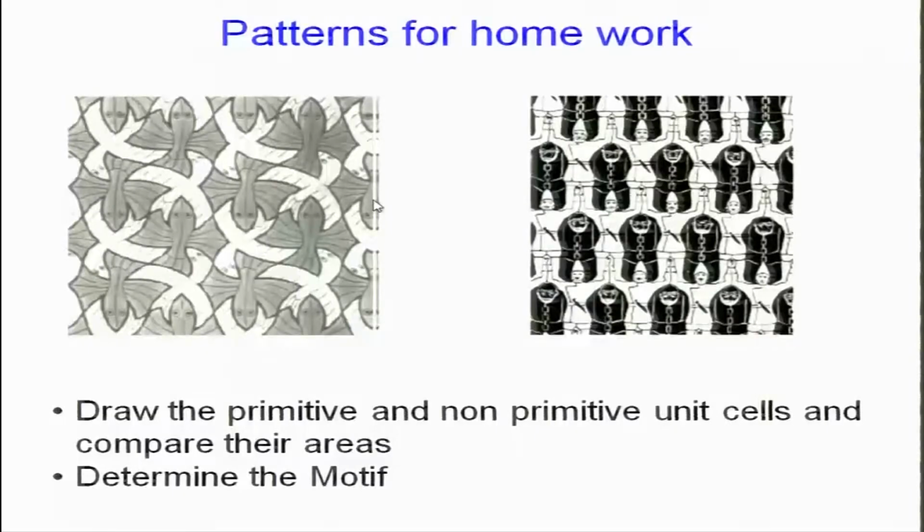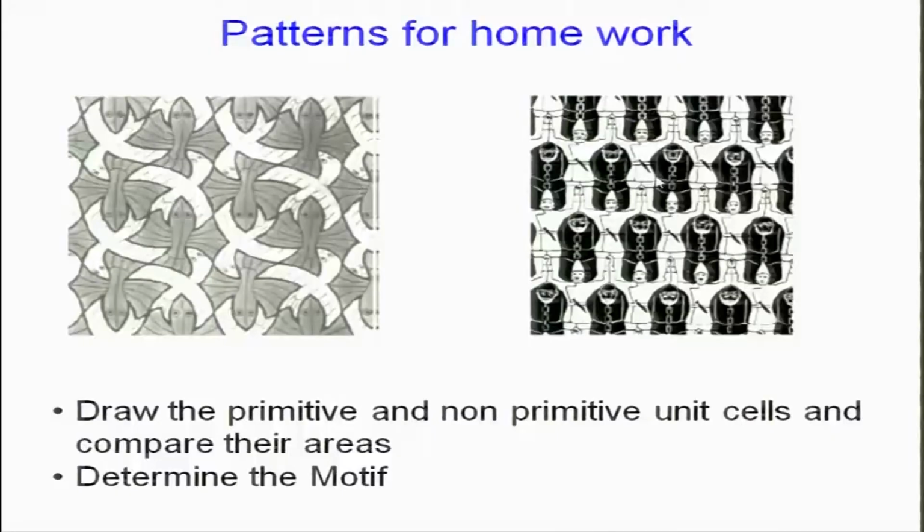If you go online and Google Escher patterns, there is a variety of Escher patterns available, not necessarily these, but you can choose any periodic pattern and try to draw the primitive and non-primitive unit cells, compare their areas, compare the lattice points, see what the lattice point is made of, and determine the motif in each case. These are just 2 examples which I am giving here, but you can Google for Escher patterns yourself.